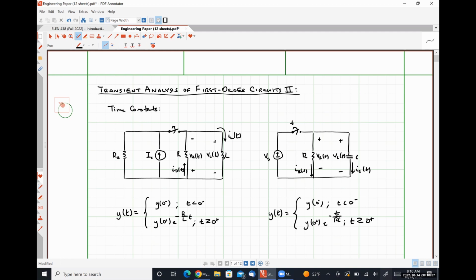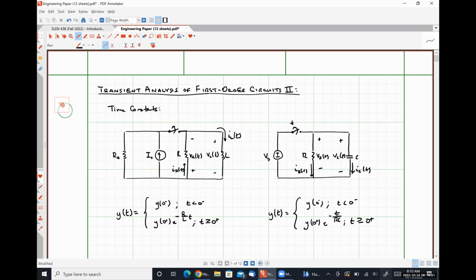So effectively, both of these equations are identical, except for one very small thing. The rate at which the exponential decay occurs depends on our component values. Everything else is literally exactly the same, okay?